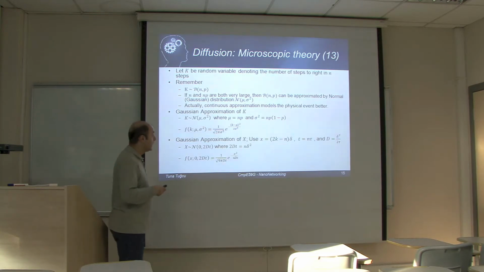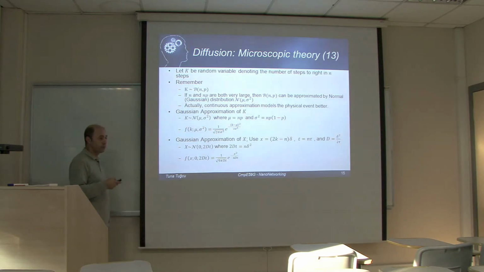So we try to find a continuous approximation for this binomial variable, although it's discrete. A Gaussian approximation of k would be, as we said, normal with mu and sigma squared, where mu is np, and sigma squared is np times 1 minus p. And this would be the PDF of this normal distribution; when you substitute mu and sigma squared, you will get something in more detail.